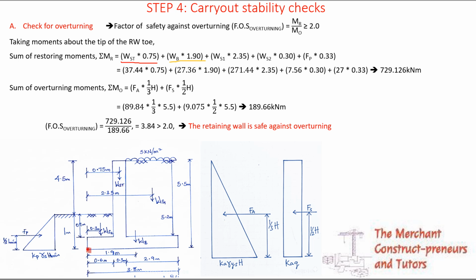So the next one is weight of the soil. The weight of the soil, this is the point it is acting, and you see this one is acting this way.